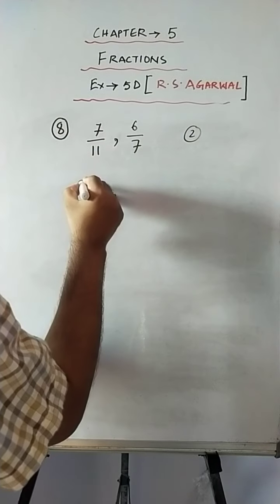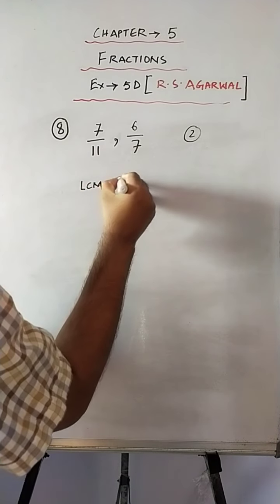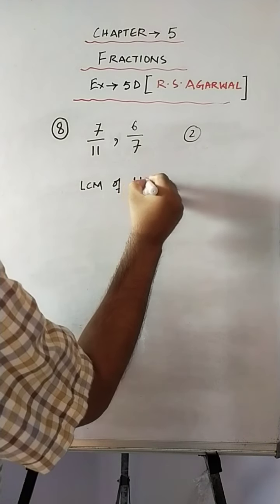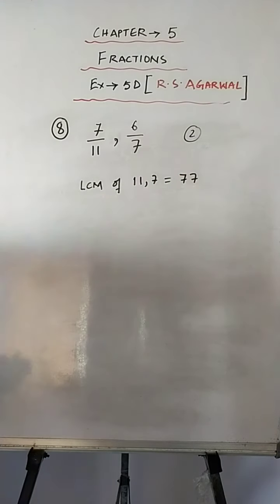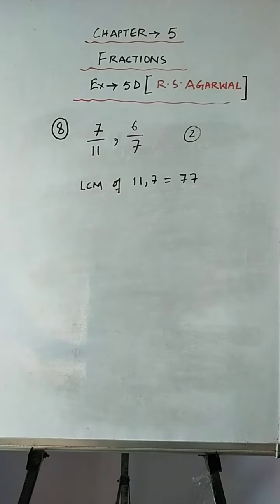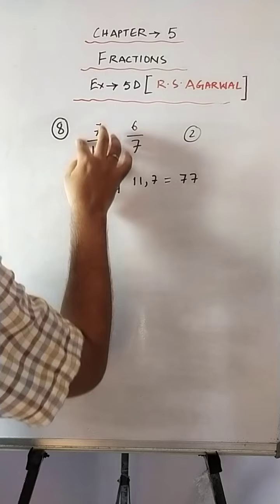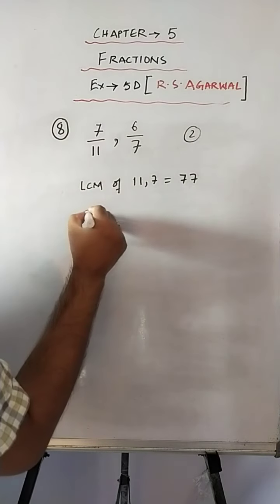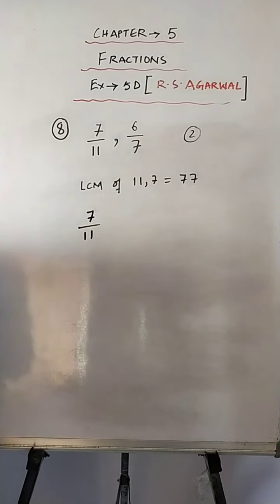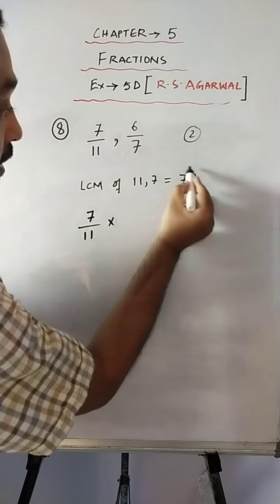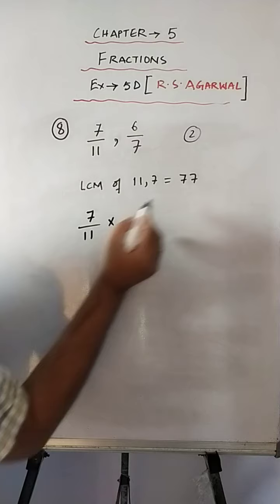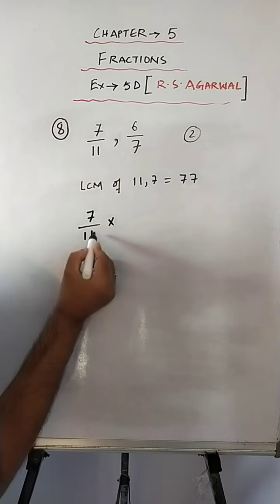The first step is to find out the LCM of the denominators, that is 11 and 7, and that would be what? 77. So this is the first step that you will do. Okay, once you're done with the LCM, then you have to write this, that is 7 by 11, into, now you will divide this LCM with the denominator, that is 77 divided by 11.